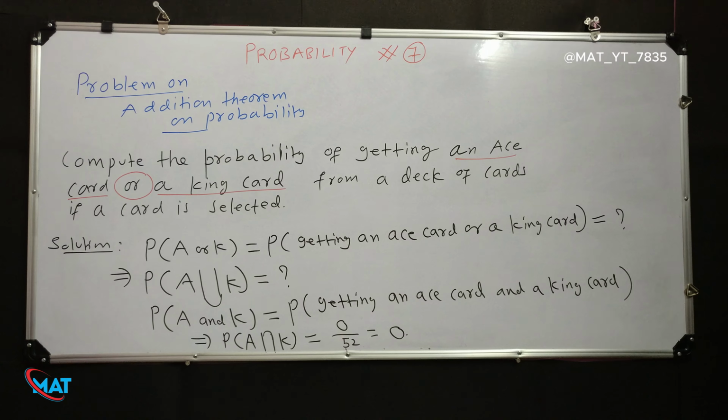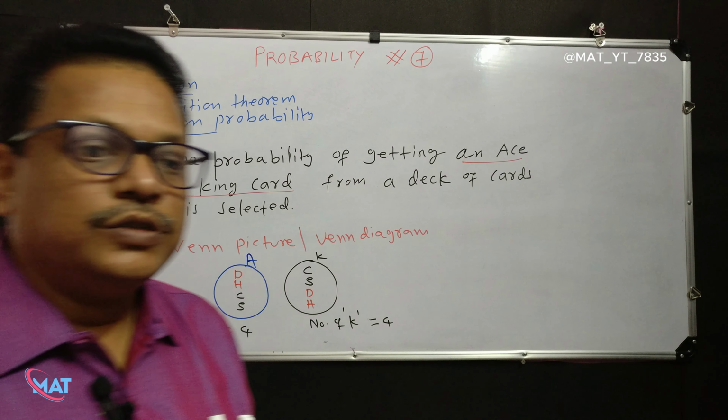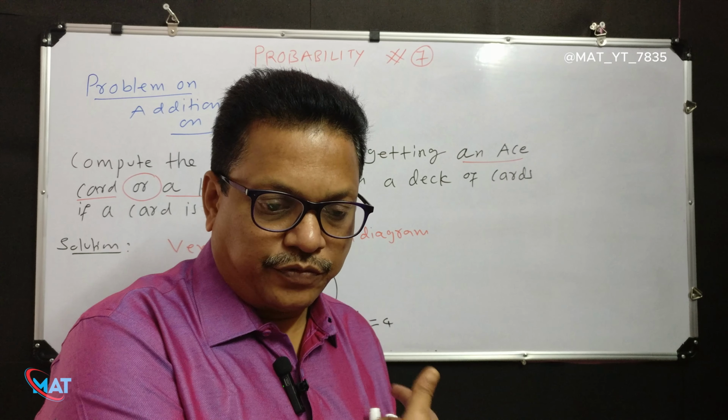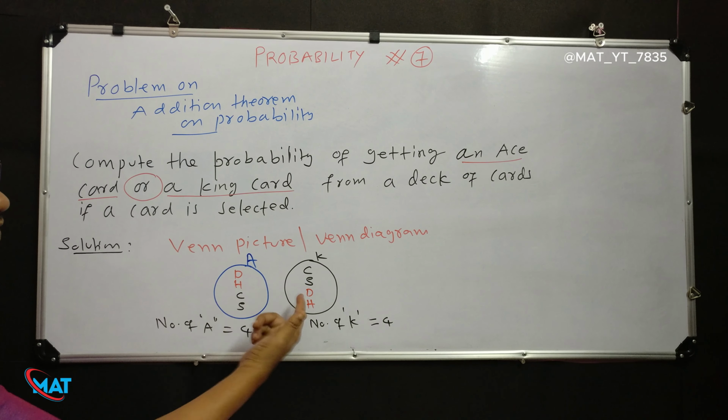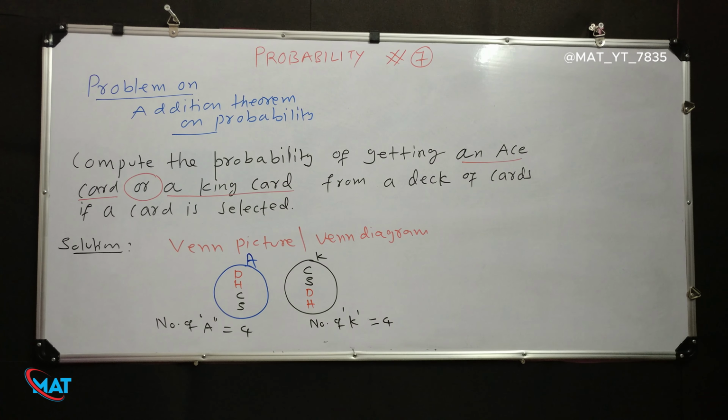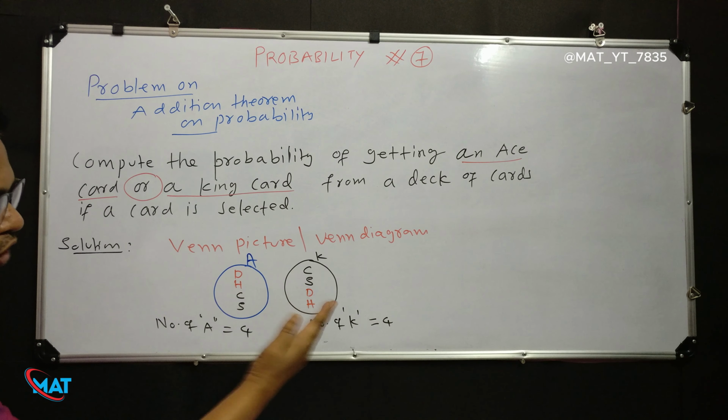Let us see the Venn diagram of that, because you see there is no overlap of these two circles. Why? Because a card cannot be both an ace and a king card. That's why they are separated. They are disjoint.